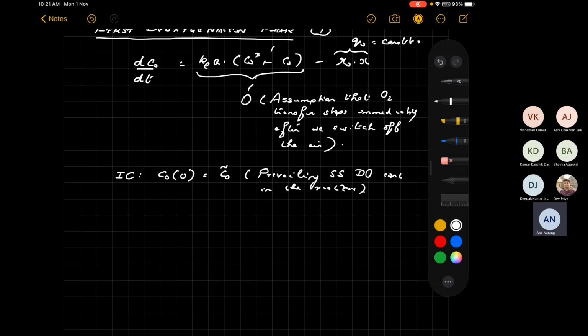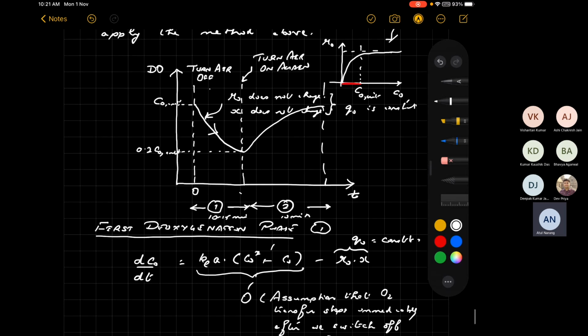So the reactor is, for example, running at steady state. Let's say the dissolved oxygen concentration in the reactor is CO tilde. So I should actually use this notation.